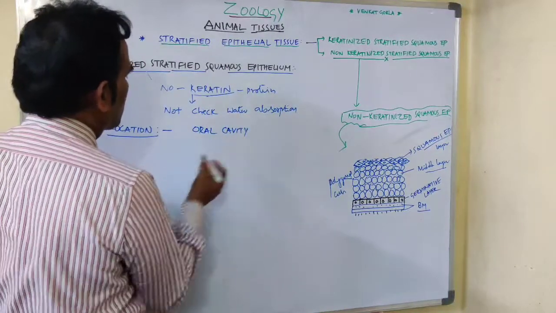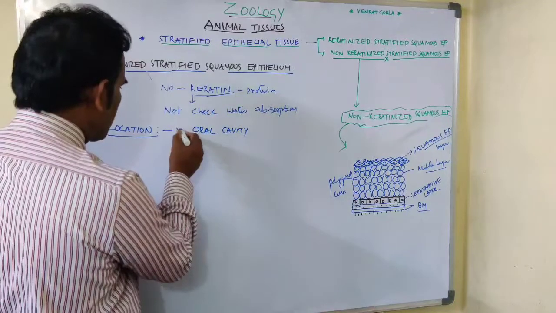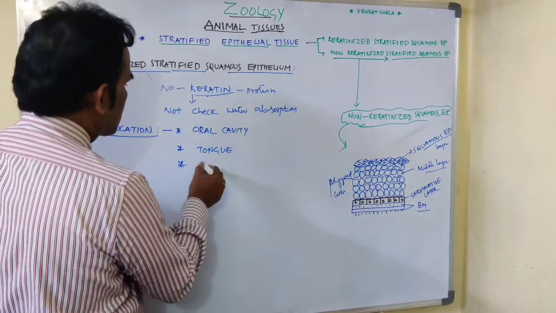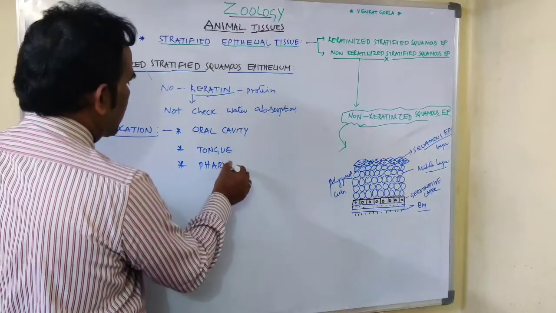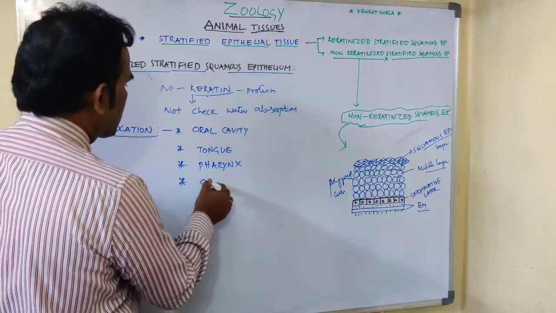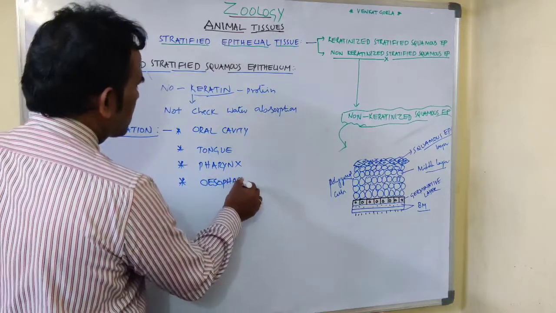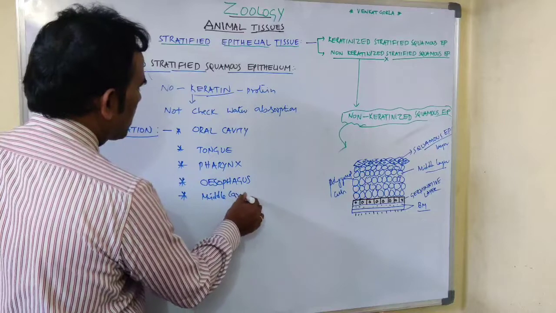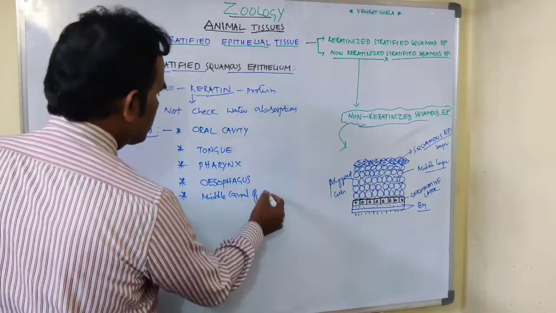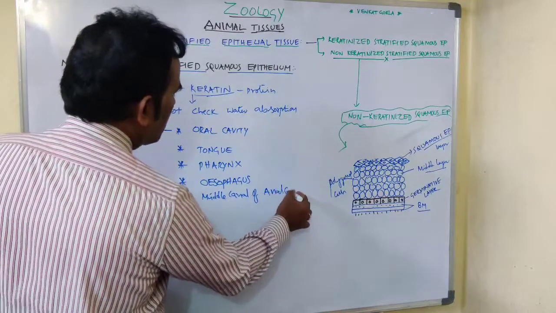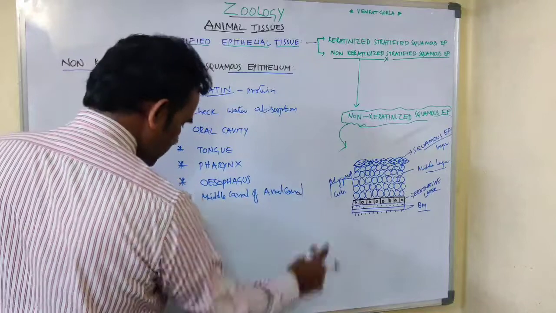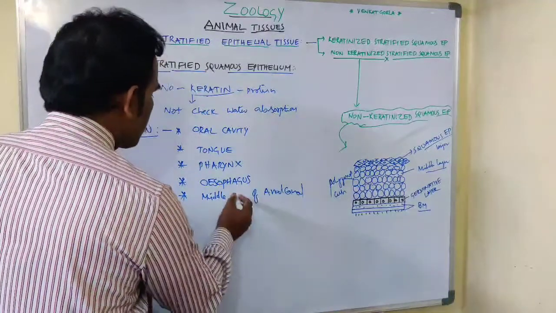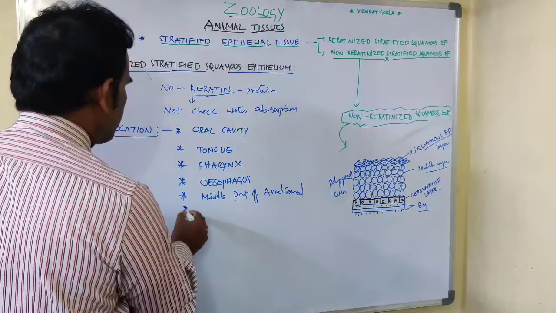Very important, they will ask you the locations: oral cavity or buccal cavity, tongue, pharynx, esophagus, middle part of the anal canal.